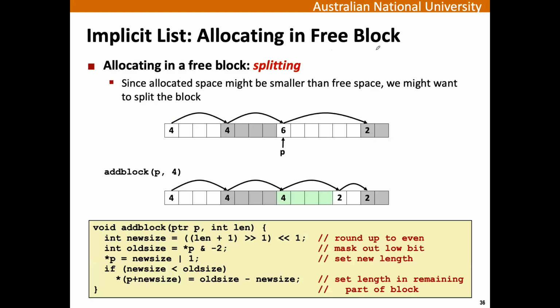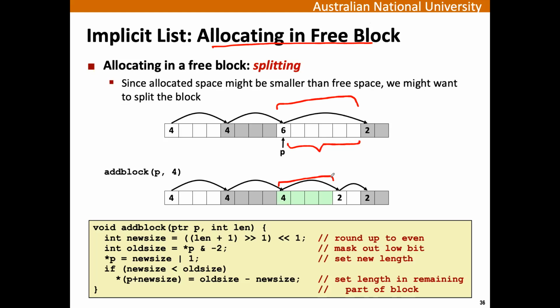So with an implicit free list, how do you allocate in a free block? It's a little bit tricky. Suppose I have a request for 4 bytes, and this is the block that I want to give to the user, either because I have a next fit policy or for whatever reason. But look, this block has 6 bytes that are free, and we only want 4 bytes.